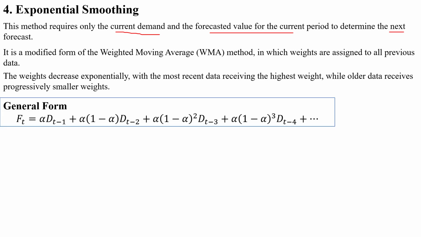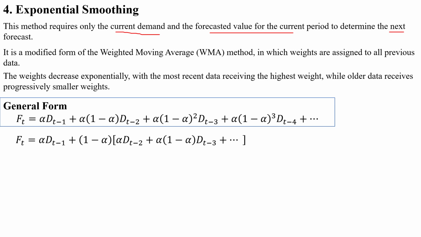So the general form of the exponential smoothing method is F_t equal to alpha into d_t minus 1, plus alpha into 1 minus alpha into d_t minus 2, plus alpha into 1 minus alpha squared d_t minus 3, plus alpha into 1 minus alpha cubed d_t minus 4, up to and so on.